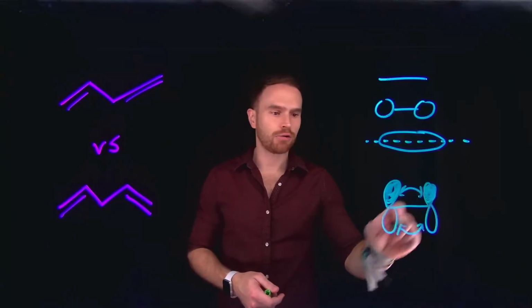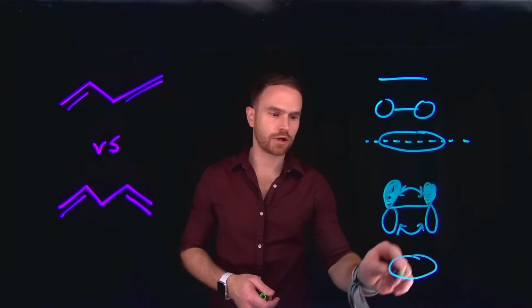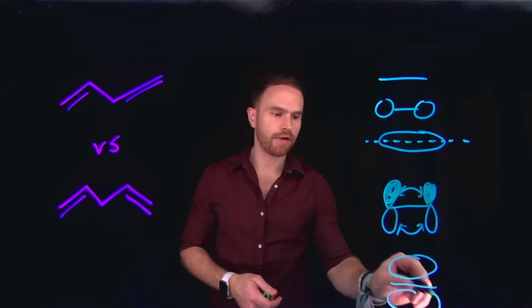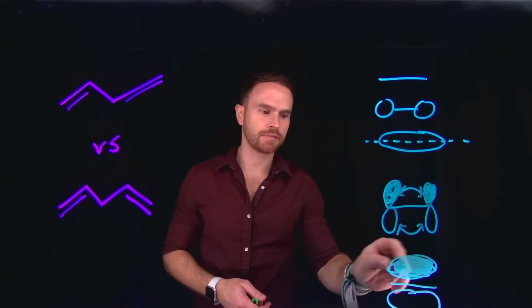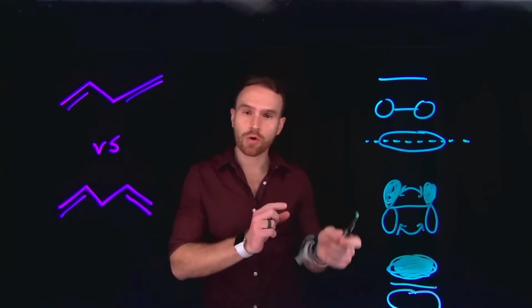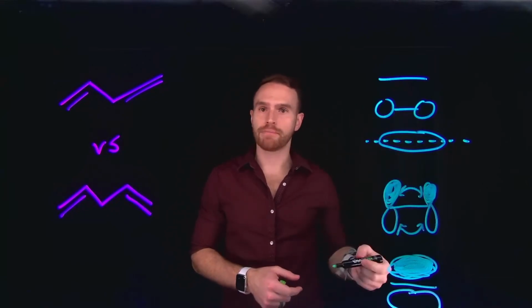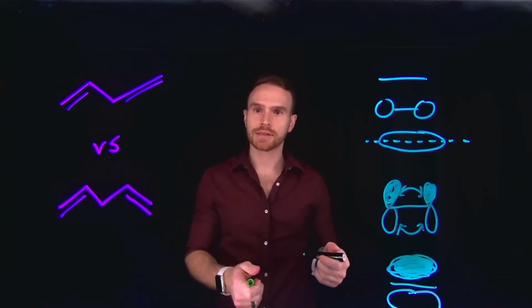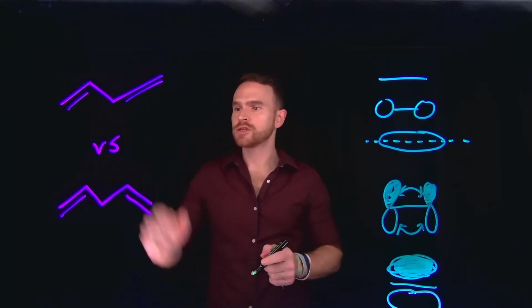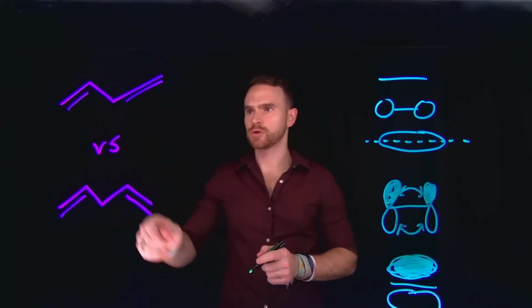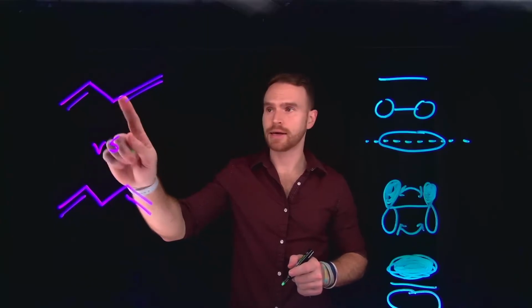And this allows for the sharing of electrons to occur again above and below the bond axis between 2 different atoms. Now, this orbital density lying above and below the internuclear axis has some special properties that we're going to take advantage of.